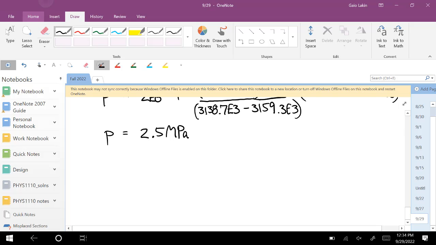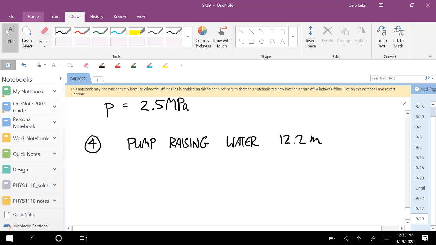Okay, so this is number 4. This is a pump. It's raising water 40 feet, and 40 feet is 12.2 meters. At the inlet, we're assuming atmospheric pressure.